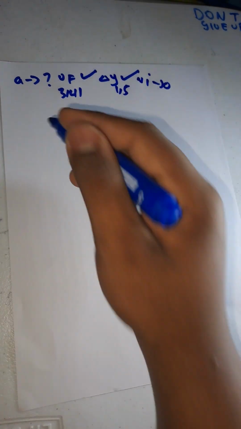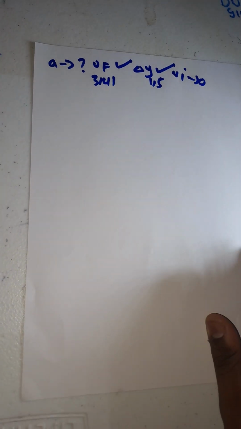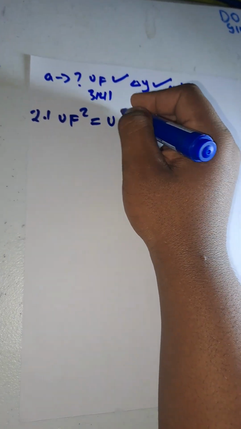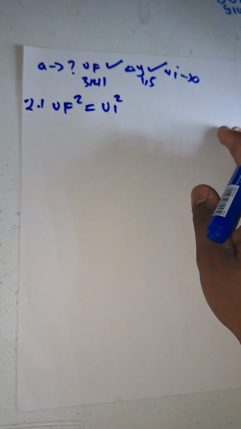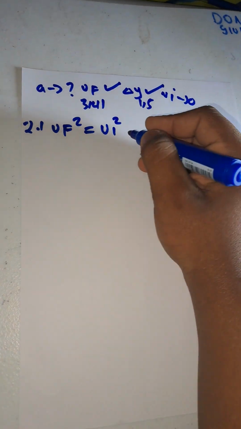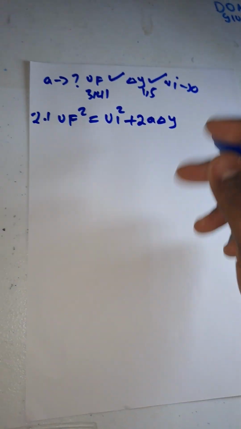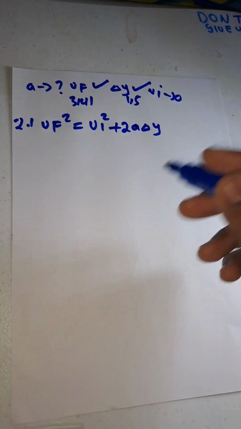So now I want my final velocity. Which formula can I use? There's no time, so I'm not gonna use the one with time. So it will be Vf squared is equal to Vi squared plus 2a delta y. You must always check what you have, guys. Don't just choose a formula without having the things that you're gonna use. It is a vertical situation, but it's the same.